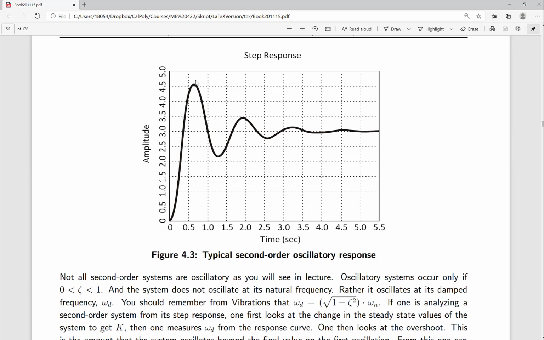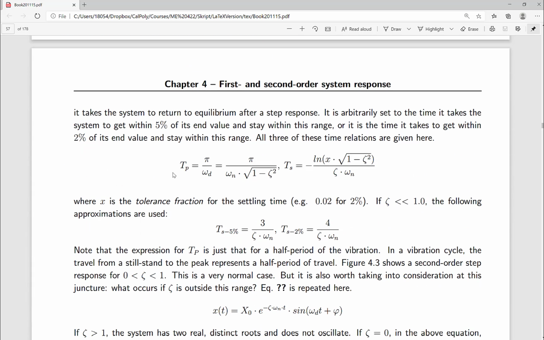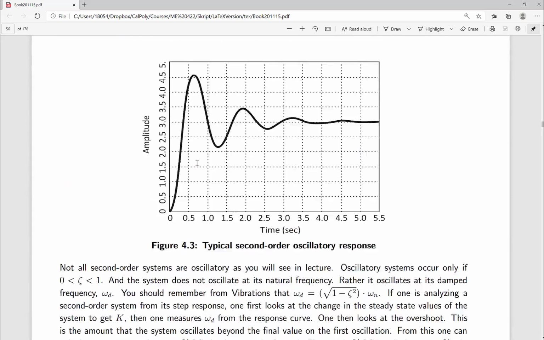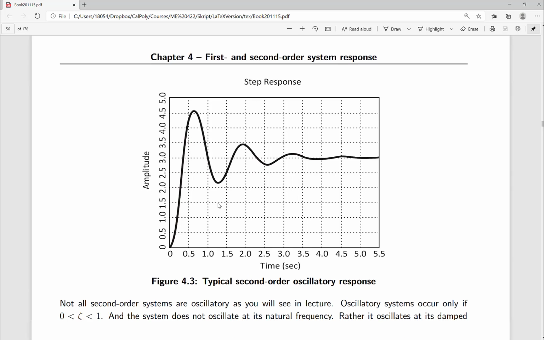And therefore, that relationship looks very much like the relationship between period and frequency, except the peak time is half of the period. You can see that this point right here is halfway between this point here and this point here, because here we have traveled half the oscillation to get back to the corresponding low point.